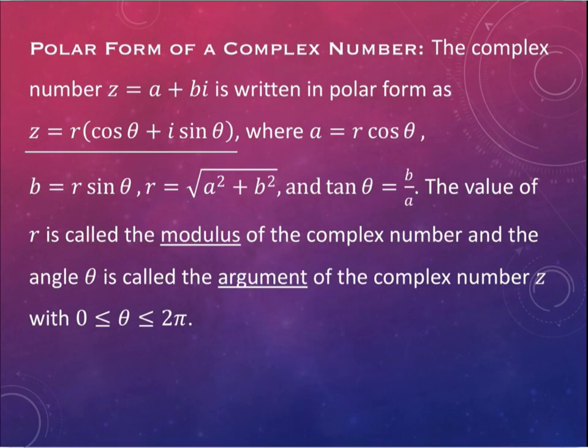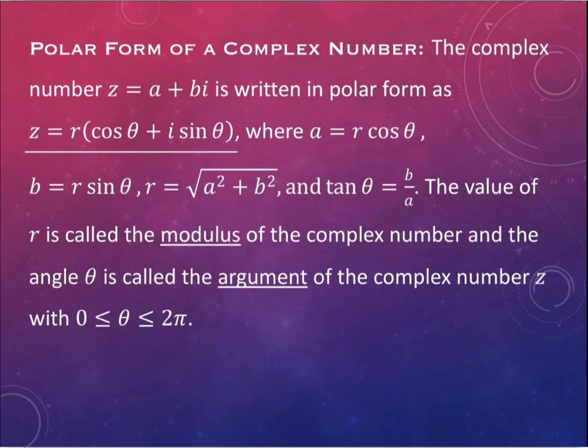So the polar form of a complex number, a plus bi, is written in polar form as z equals r times the quantity cosine theta plus i sine theta, where the a value is r cosine theta, the b value is r sine theta.